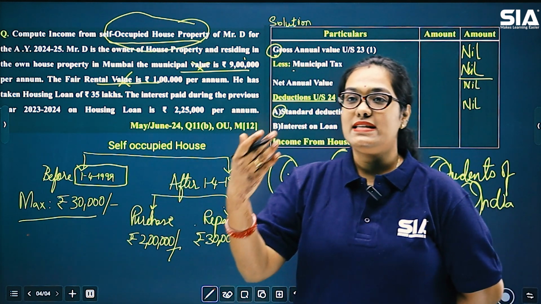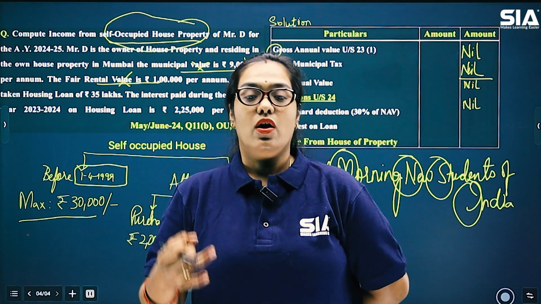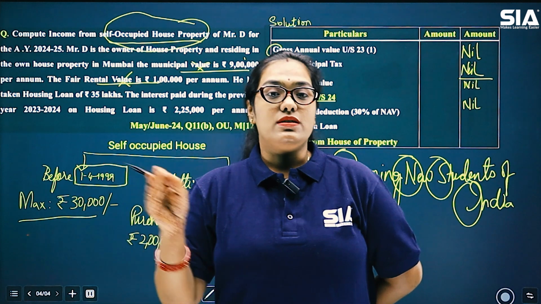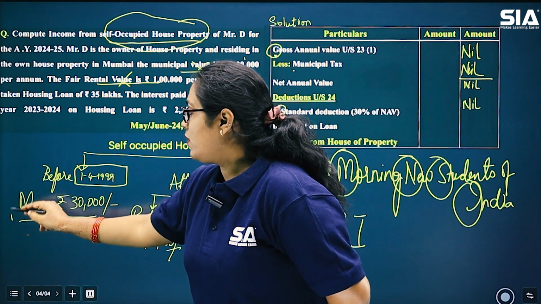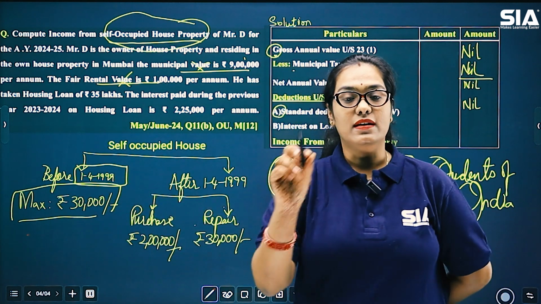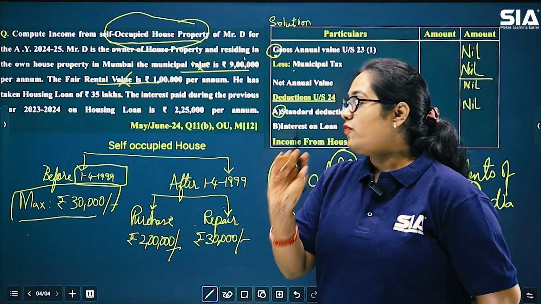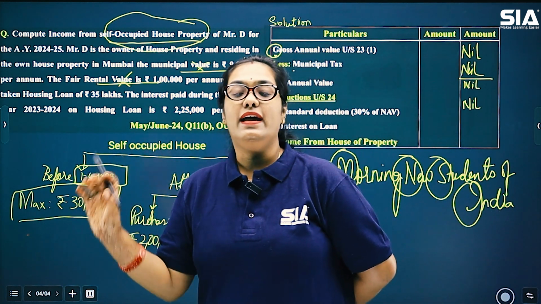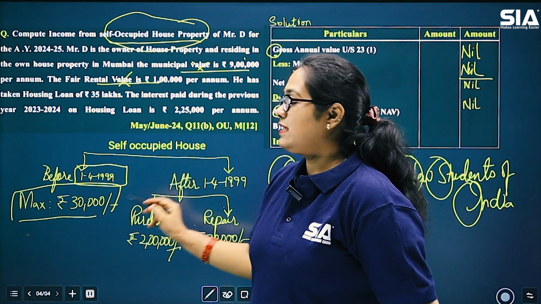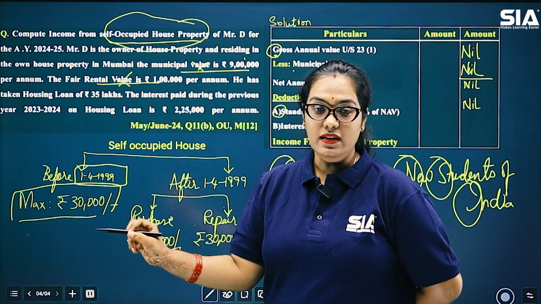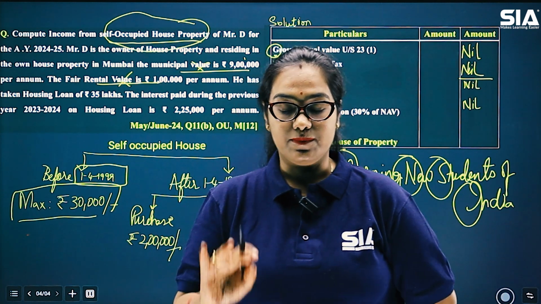Whether the assessee has taken the loan for construction, renovation or repair, any of these ways, the interest amount that is allowed as deduction is only rupees 30,000. That is, if it is anything before 1st April 1999, then the deduction allowed is only rupees 30,000.